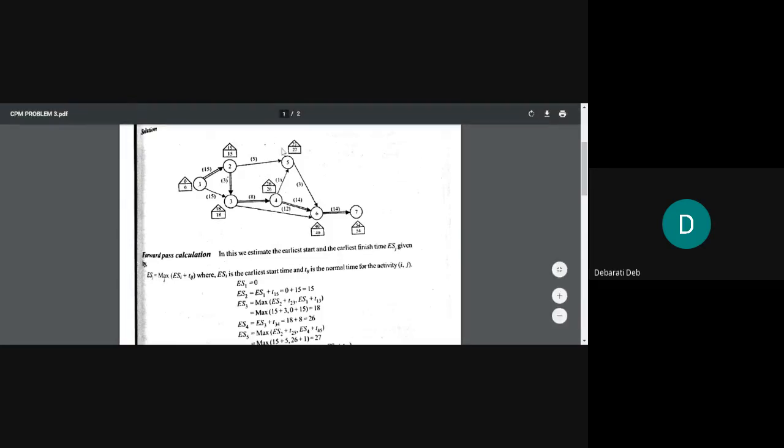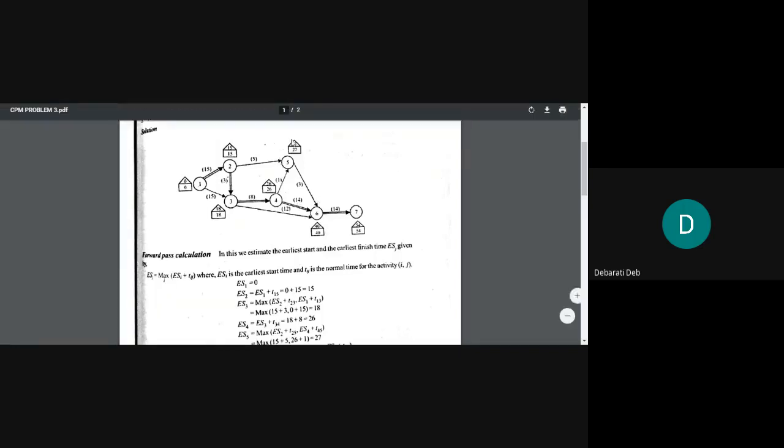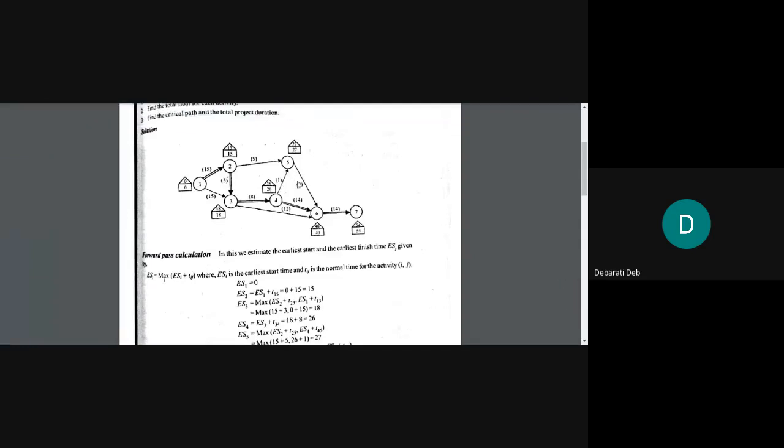What are those arrows? One is 37 minus 1 and one is 40 minus 14. So which one will you take?